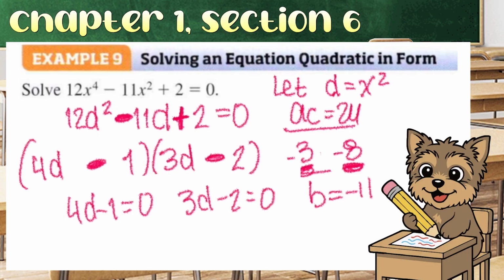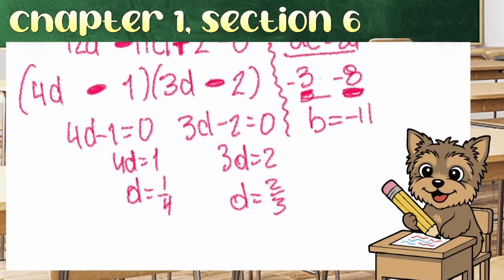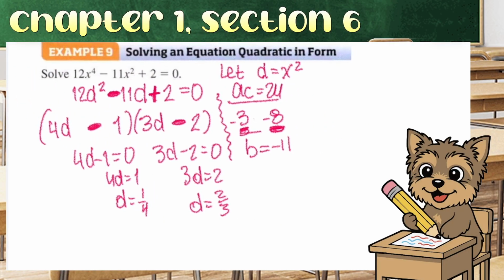I feel like a lot of people might want to wait till the end, get D all the way alone and then sub it back. So that's how I've been doing it. So 4D is 1, D is a fourth, that's the D value. 3D is 2, D is 2/3. Okay, so I found D in these situations, but D is x squared.